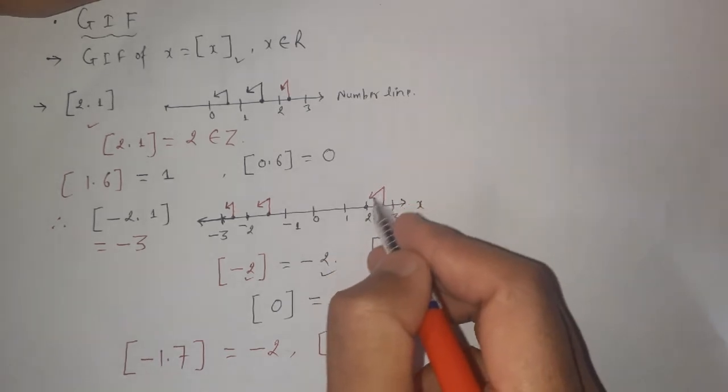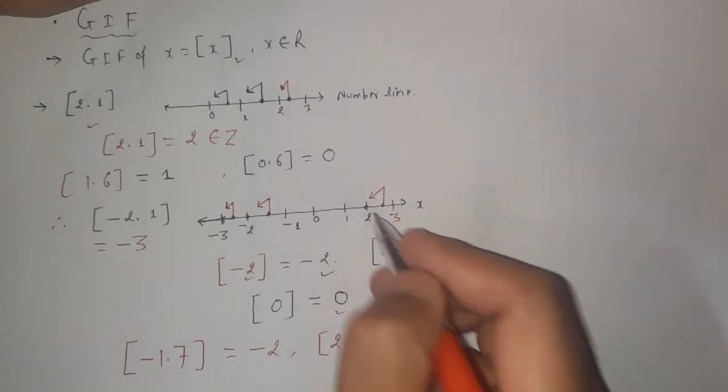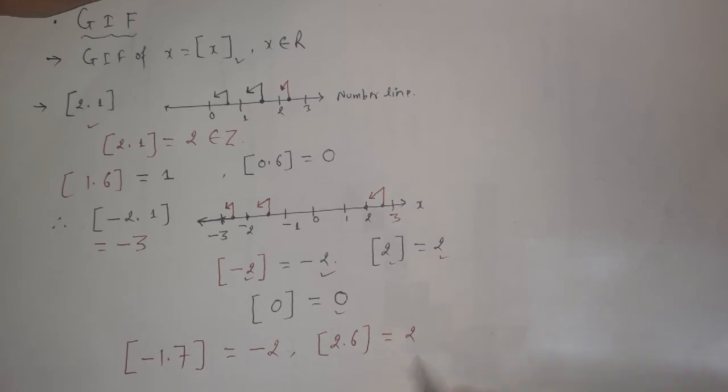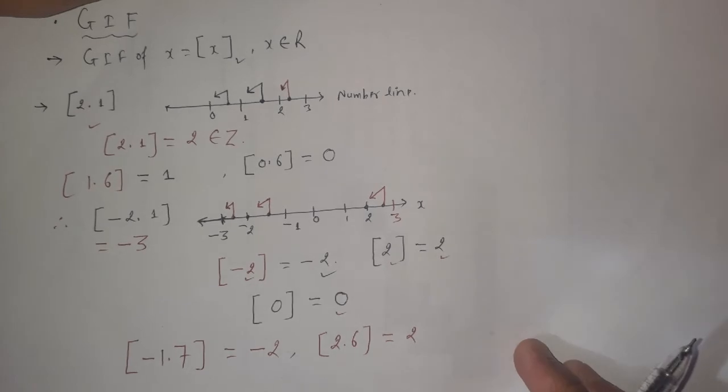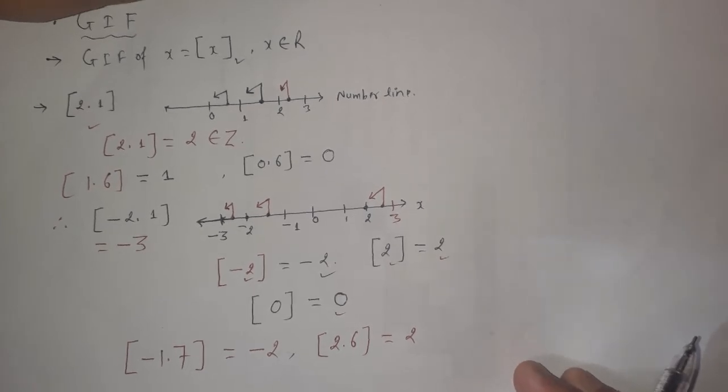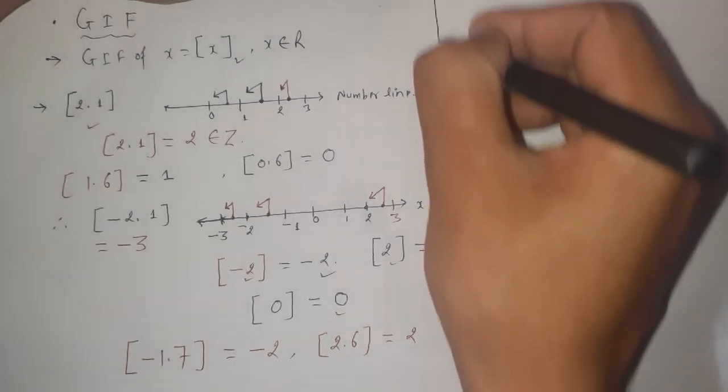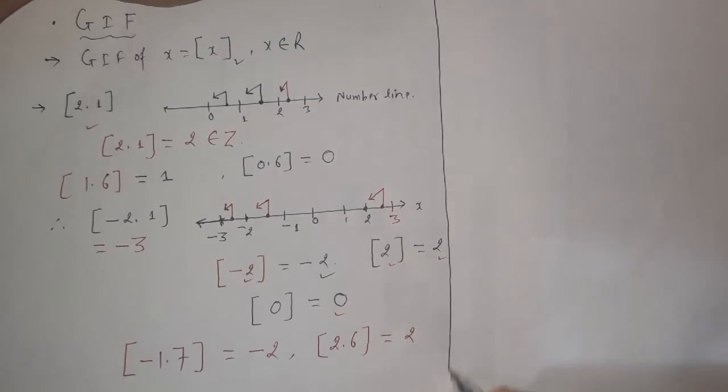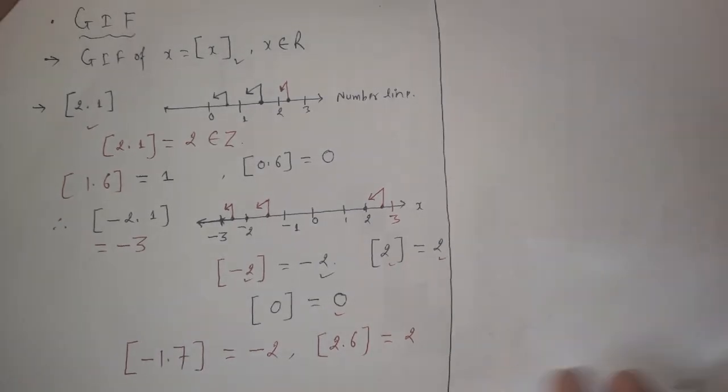We rise and look the left hand side, and here we get an integer value, 2. This is the greatest integer of 2.6. This is the way of calculating the greatest integer of any real number.